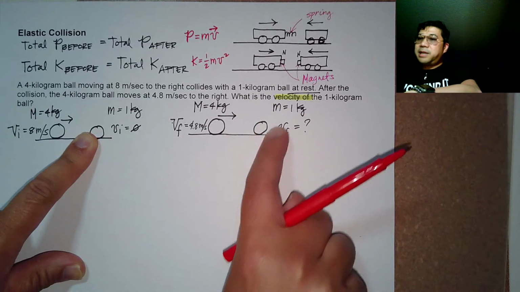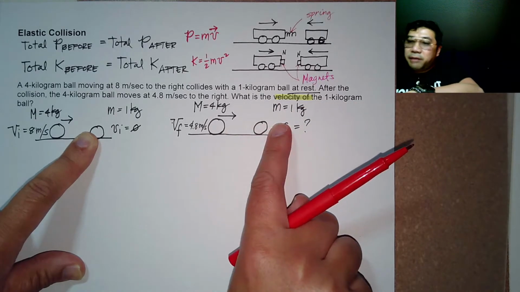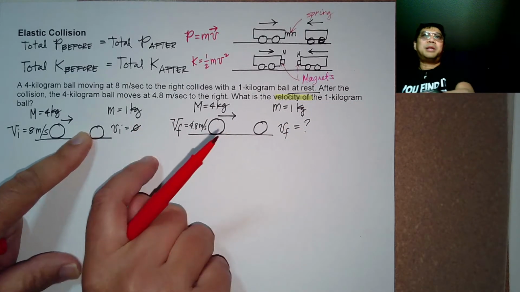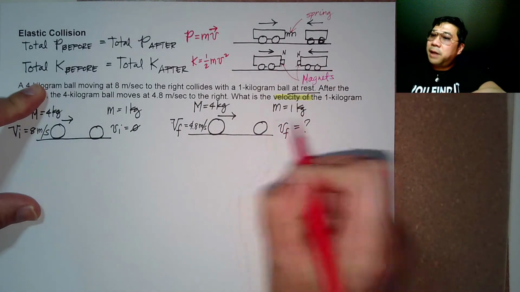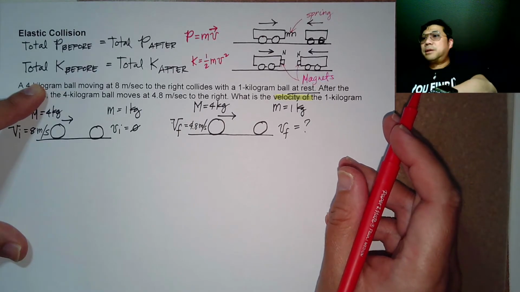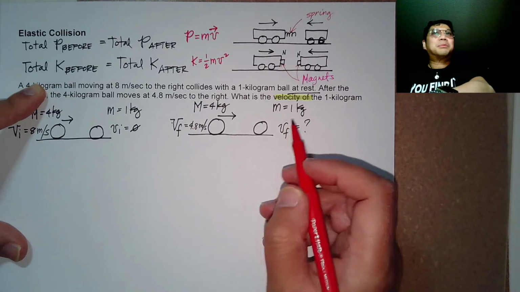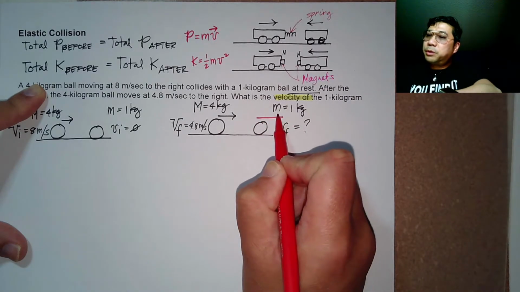So this object should also be moving to the right, because it can never move in the opposite direction without colliding again with the object, and that does not follow the rule of physics. So therefore, it will move to the right.